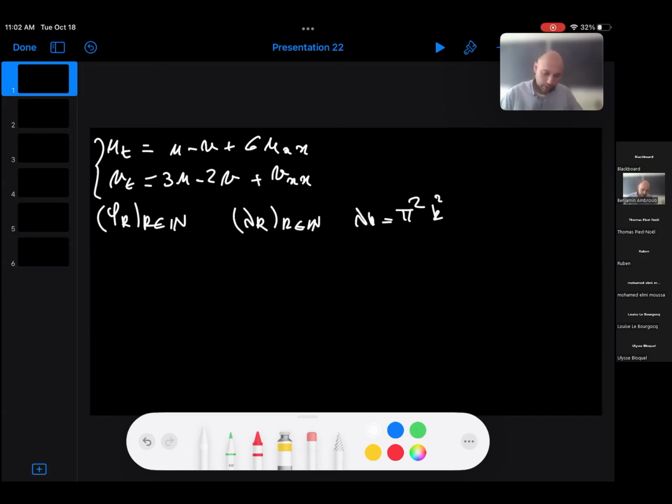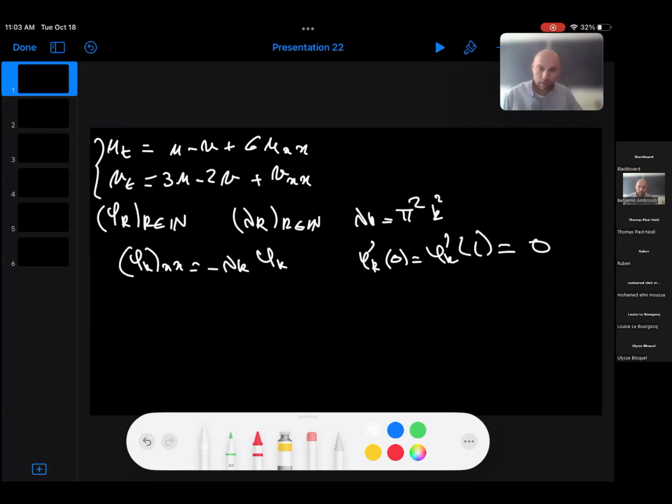And what we have is that phi_k'' equals minus lambda_k phi_k, and also phi_k prime, where this prime is with respect to the space variable, at 0 equals phi_k prime at 1 equals 0. So phi_k satisfies the boundary condition.